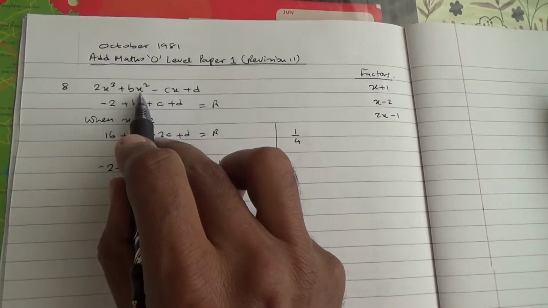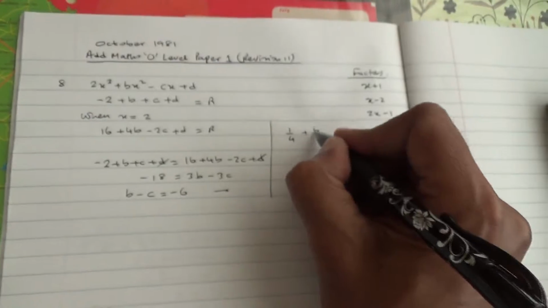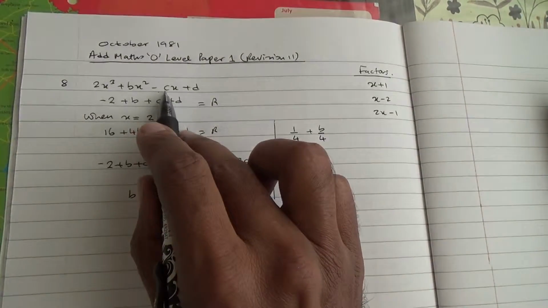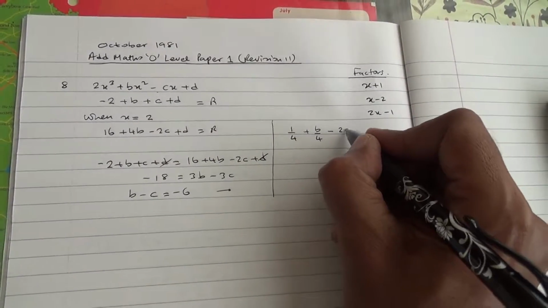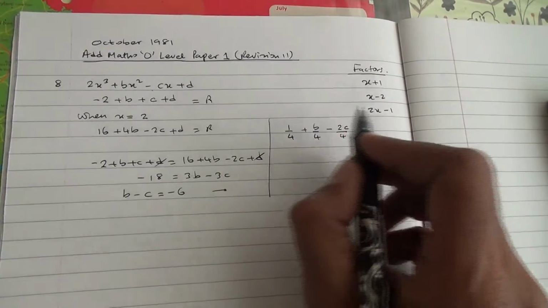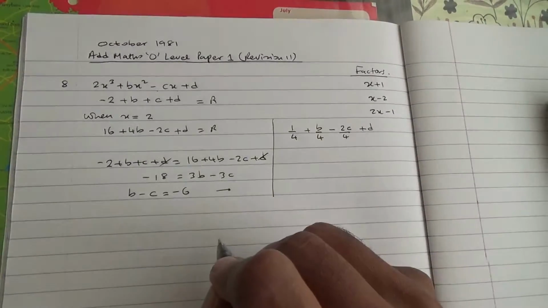Then half to the square is 1/4. 1/4 times b is plus b/4. And again, half times minus c is minus half c. But minus half c is like minus 2c/4. Right? And then we got d, so plus d.